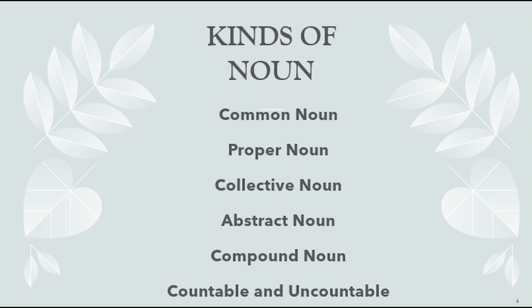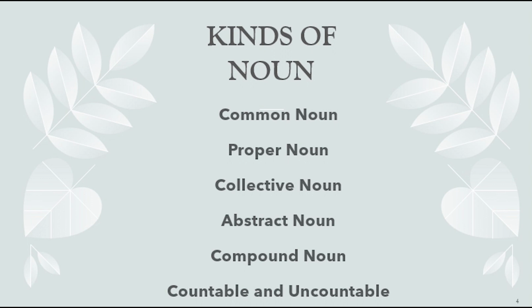Okay, so the next one is countable and uncountable nouns. Countable nouns are the objects that we can count. Like we can count a book or a pen or an apple, how many apples, how many boys. Uncountable nouns are those that cannot be counted.